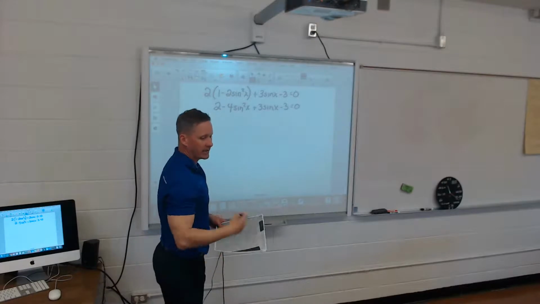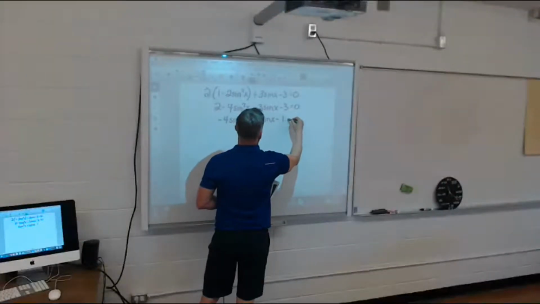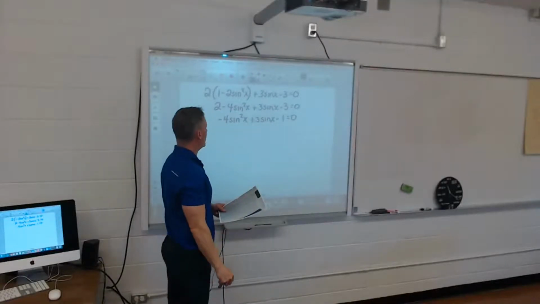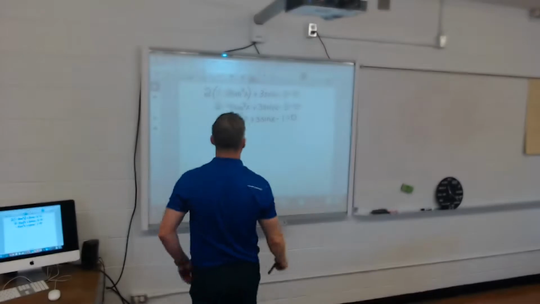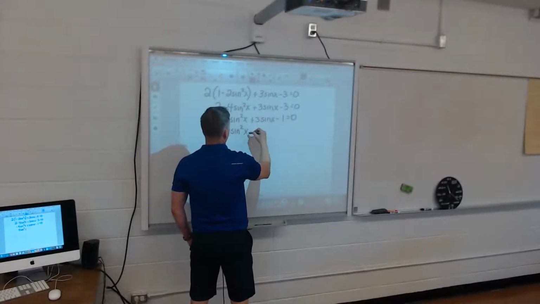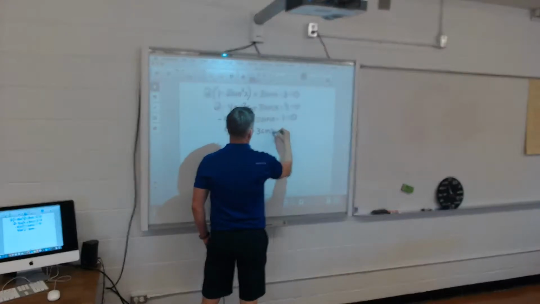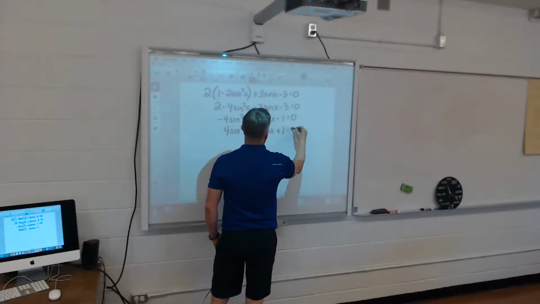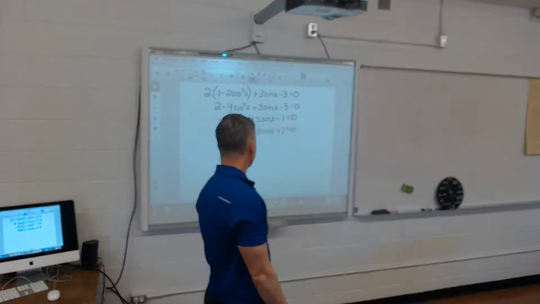I'm going to move everything. I don't like the negative in front of the 4, so I'm going to move the negative. So I'm at that point right there.